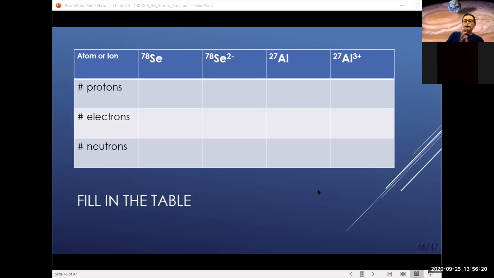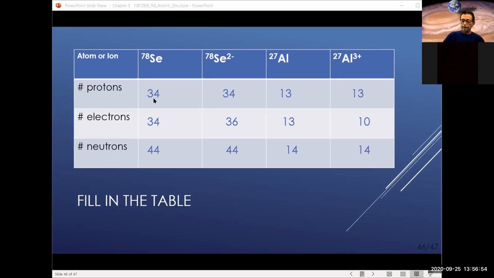Now let's take a look at this last table. Here, they're giving you the mass number. Remember, the mass number is the superscript on the upper left of the symbol. So they're telling you selenium 78 and selenium 78 -2. That's the ion. And you've got aluminum 27 and the cation of aluminum 27. Obviously we're dealing with selenium. We're not doing anything with respect to the protons. We haven't changed anything.